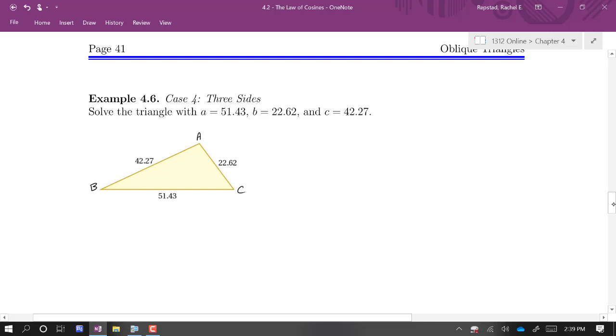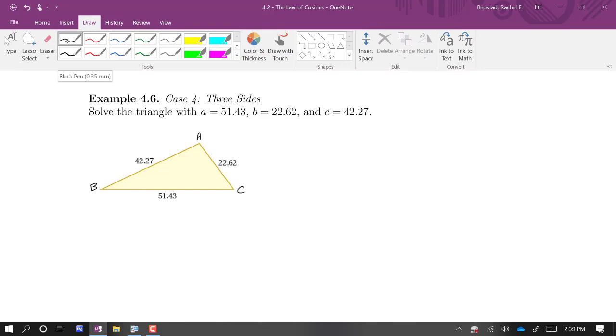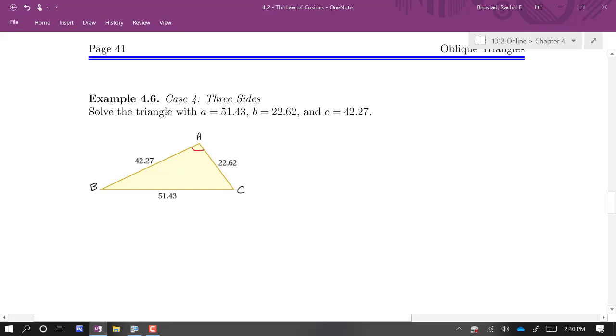And if I'm solving for an angle, the law of sines will never give you an obtuse angle. So I don't know whether or not this triangle has an obtuse angle, but if it does, it's going to be this angle here, because it has to be opposite the longest side.